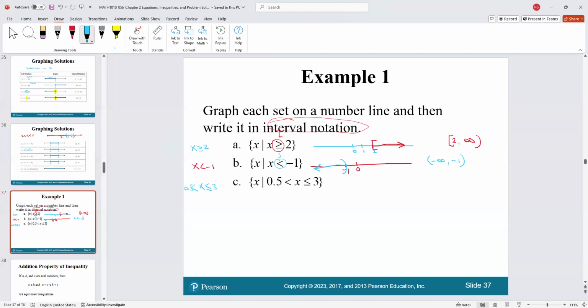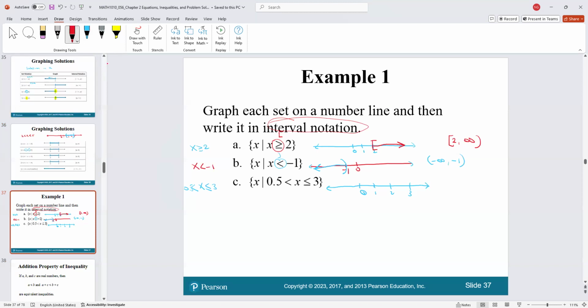On the number line, we have 0, 1, 2, and 3. I'm going to leave it that way, but you can always put arrows to show that you continue indefinitely in both directions. There are no boundaries.